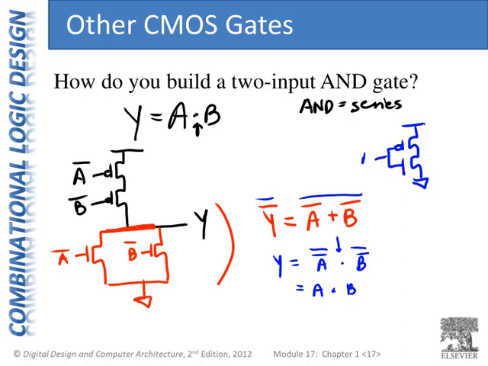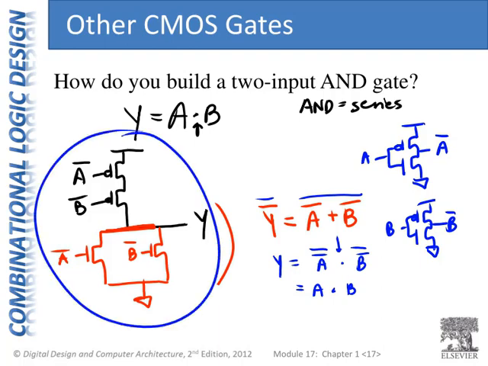An inverter for A to get A bar, and an inverter for B to get B bar. So even though it looked like I used just 4 transistors for this circuit, in fact I used 4 plus 4 transistors, so I actually used 8 transistors for this circuit.